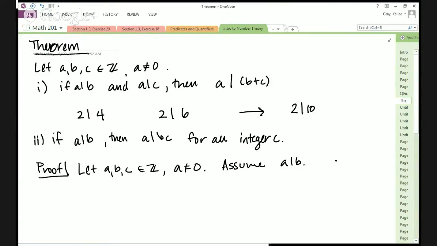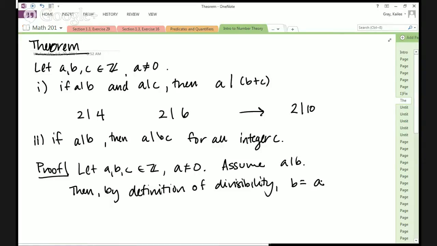Remember, the definition just says that I can write B as some multiple of A. So I'm going to say, by definition of divisibility, B is equal to A. I'm going to be careful here, because in the definition it has a C, but I'm going to write a K here just to make sure I use a different integer, where K is an integer.